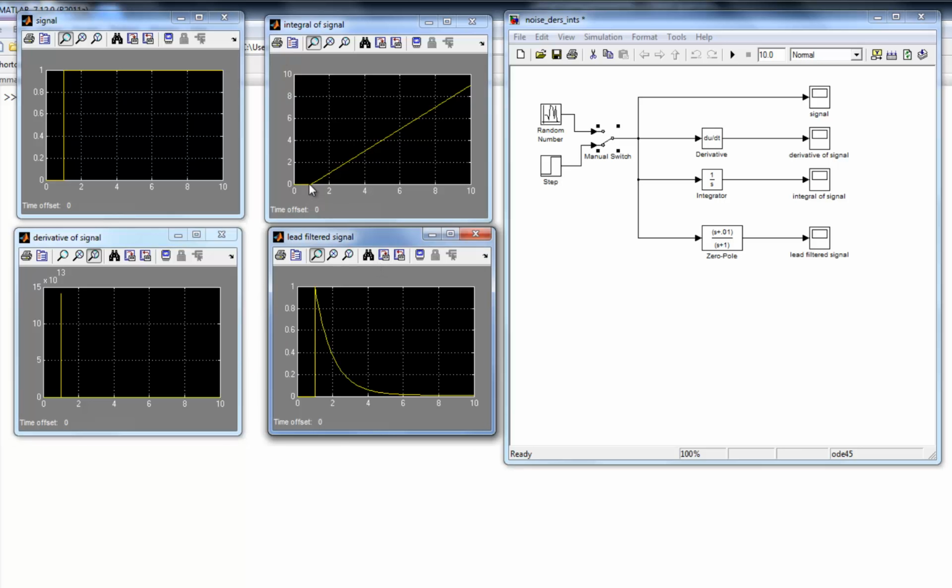Notice the integral tends to grow without bound, because we're integrating a constant, so we expect it to grow linearly with time. The derivative has a spike, but is otherwise constant at 0, and the lead filter spikes but then relaxes back down to 0. So it doesn't suffer from the defect of integrator windup.